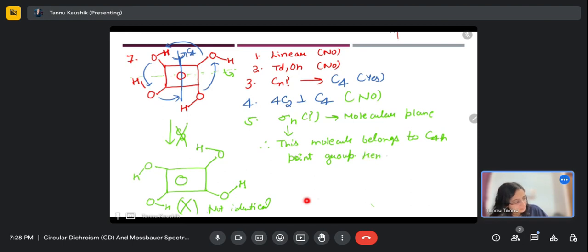Hence, it is not chiral. So you just have to find out the symmetry elements, and then to what point group these symmetry elements belong, and then you can comment on the chirality of a molecule.